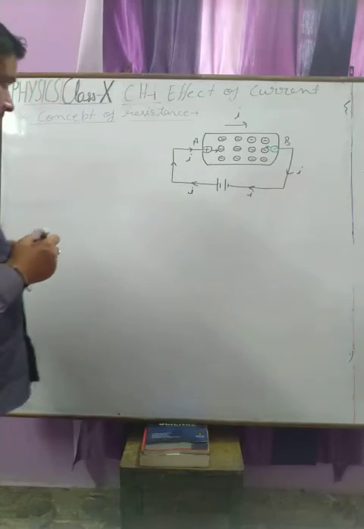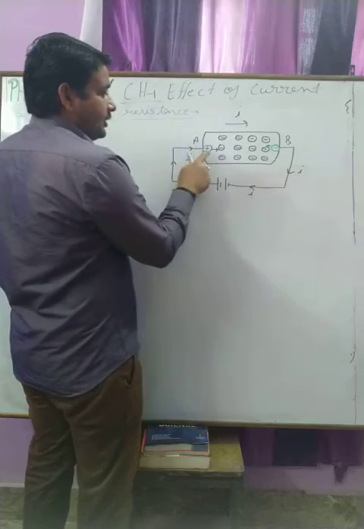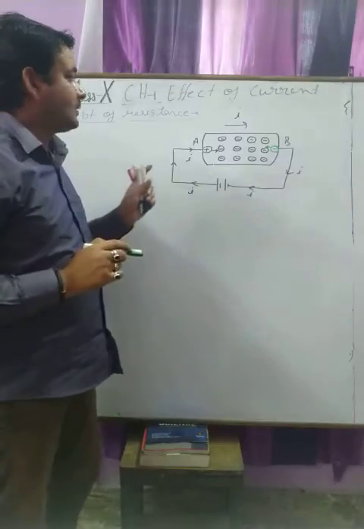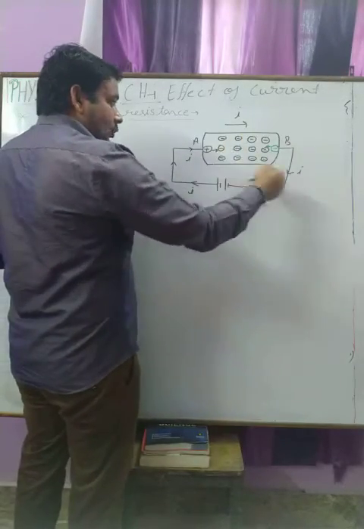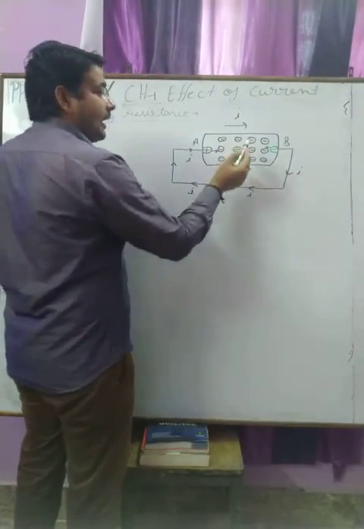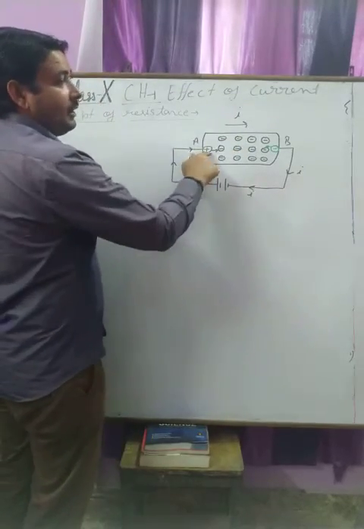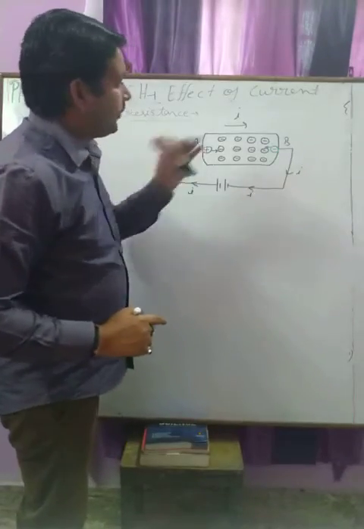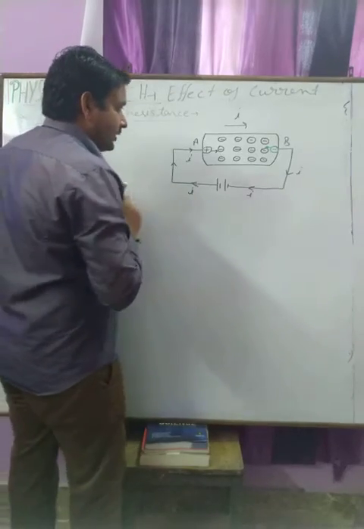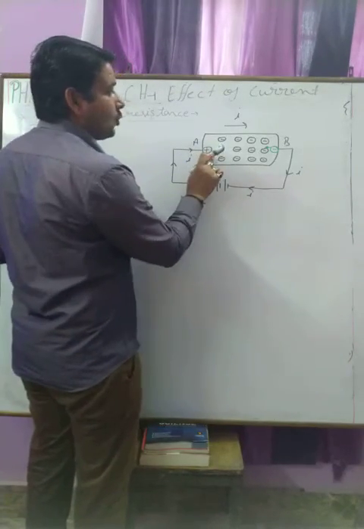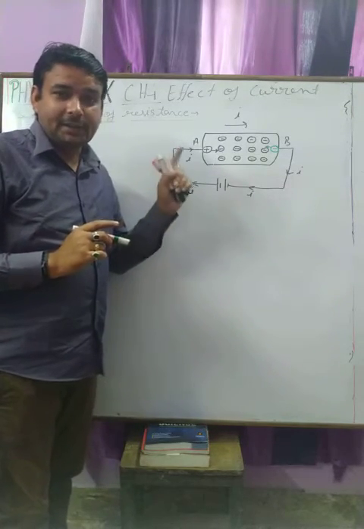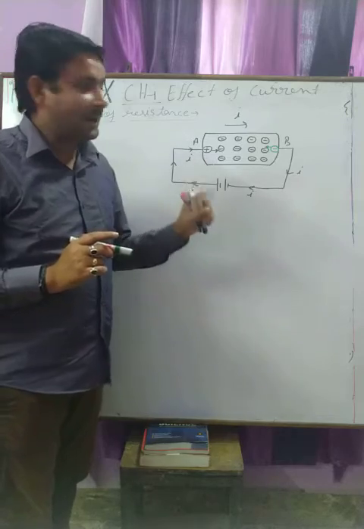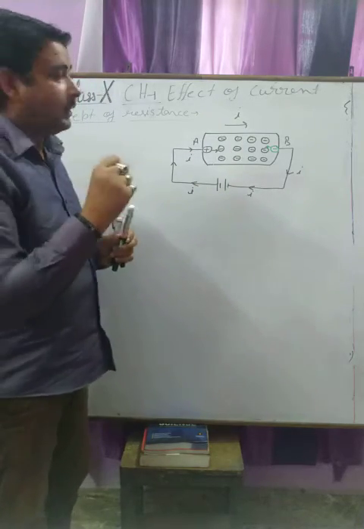So when the current is moving from A to B, the free electrons inside the conductor try to oppose this motion. Due to this opposition, the positive charge collides with the many electrons and positive charge particles present in the conductor.